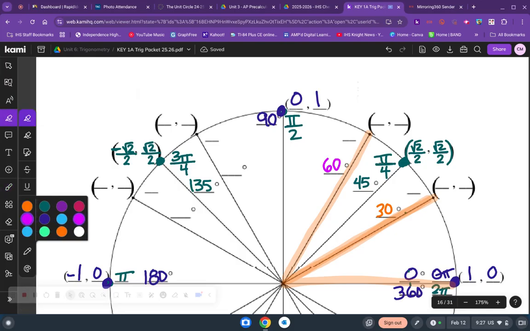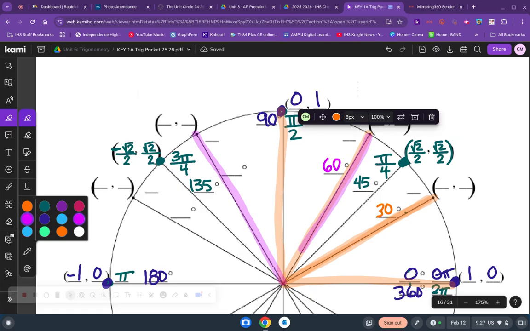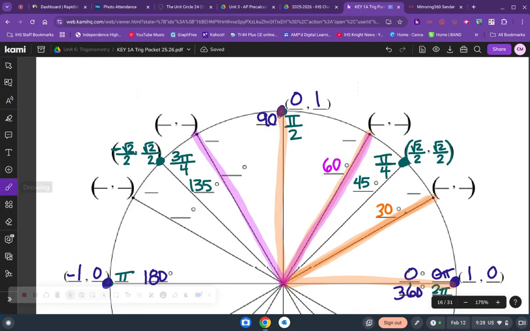So if I add another, I was adding 30, correct? So if I add 30 more to 60, that puts me here at 90, right? If I add 30 more to that, I get how many degrees? 90 plus 30 puts me at 120 degrees.